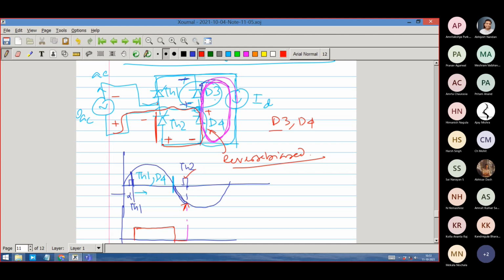So it is forward biased. The moment the thyristor is given a firing pulse, it will say, I will conduct, no problem, because I was forward biased. Then the moment it has conducted, this voltage has collapsed to 0.